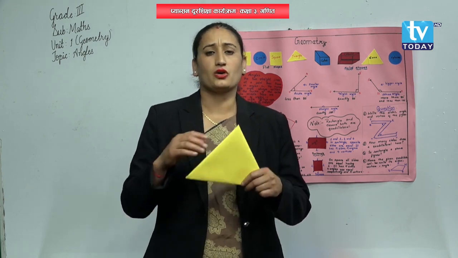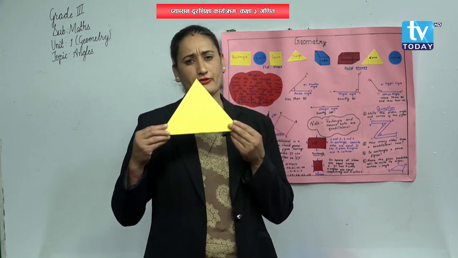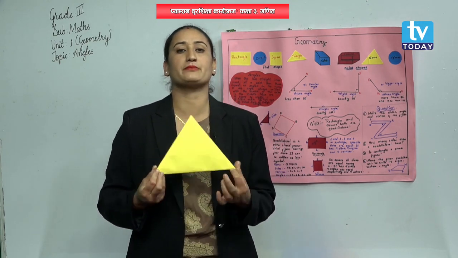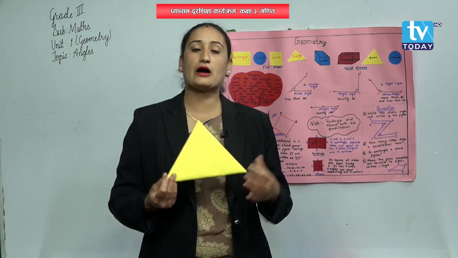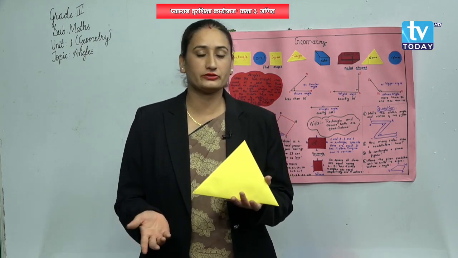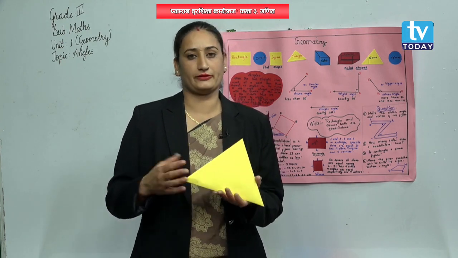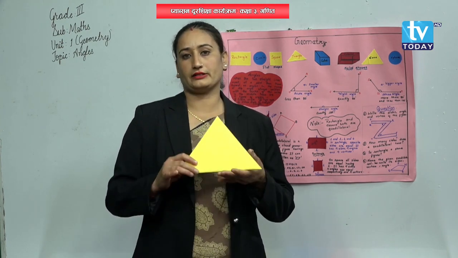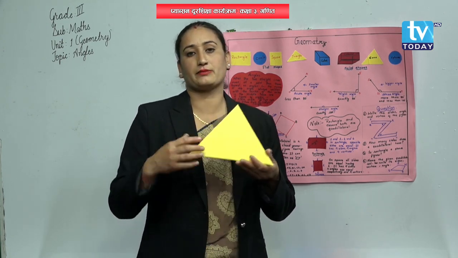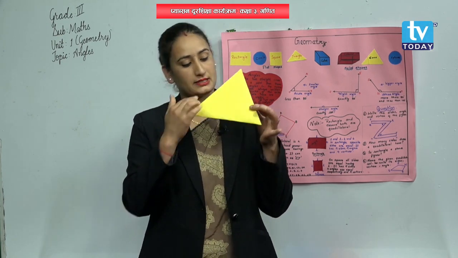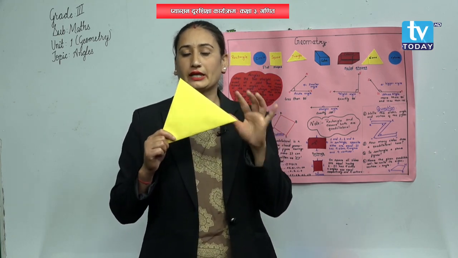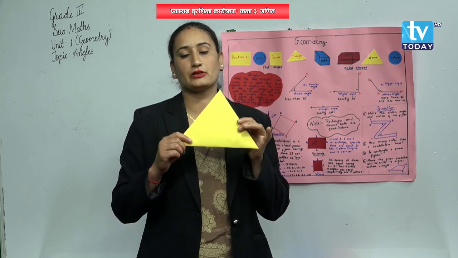Done? So now can you give me the definition of a triangle? Can you define a triangle? What do you mean by triangle? How do we write the name of the triangle? How do we write the sides of the triangle of a given figure? See, if I am holding the triangle in my hand, then how do I write the name? I haven't mentioned any name in my figure. Have I mentioned any name? So to write the name and sides, first of all, what do we need to do?